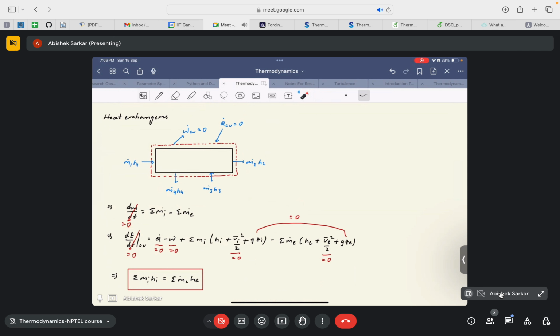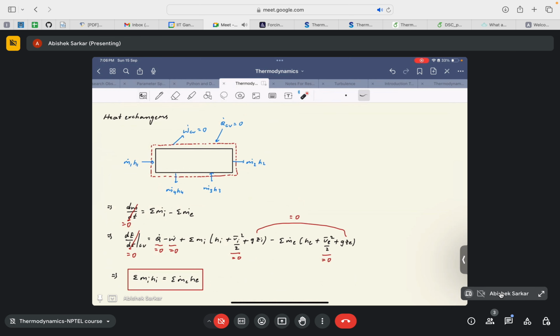We cannot limit the entire analysis of heat exchangers to this form of equation. This is a very simplified version of the actual energy equation that we use to analyze heat exchangers. But for the sake of an introductory course of thermodynamics, we can analyze heat exchangers using this form of the equation.